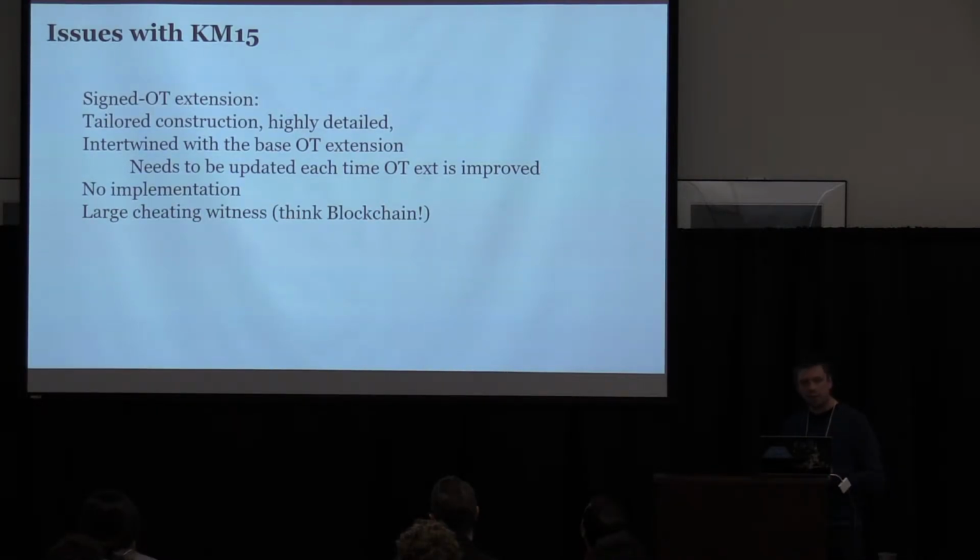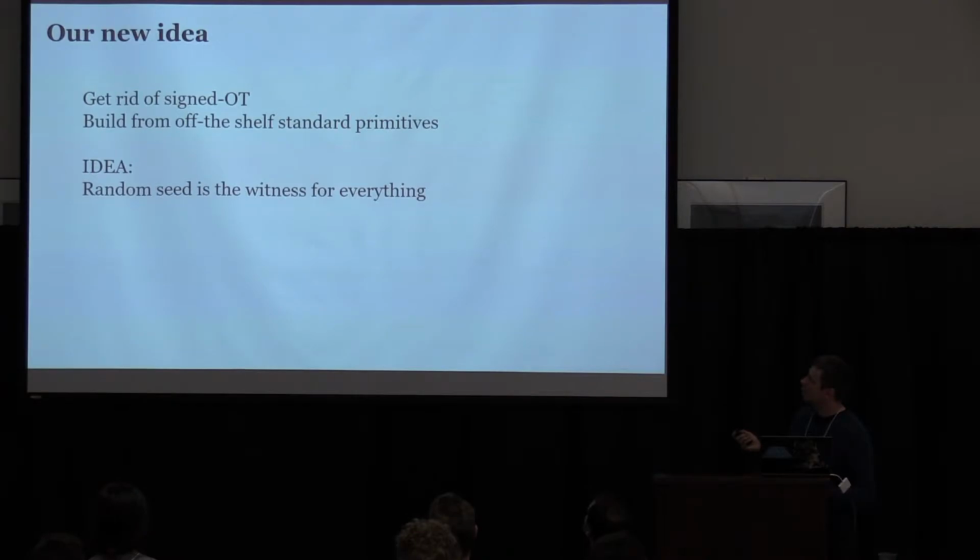It is also reliant on and intertwined with the OT extension protocol that we are using. If we use a new or better OT extension protocol, then we need to redo everything. We did not provide an implementation, partly because it was quite painful, and it has a large witness. We didn't optimize for witness, and I'm not sure we can with the KM15 construction. And we do want a short witness because blockchain, right?